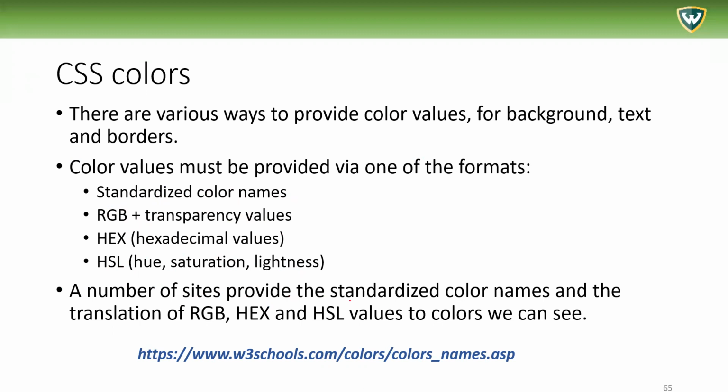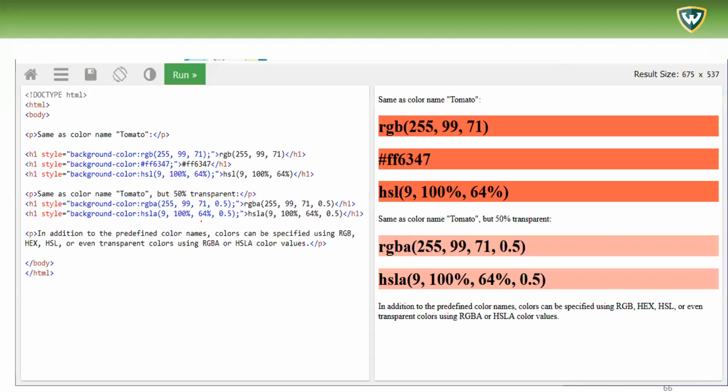A number of sites provide the standard color names and the translation of RGB, hex, and HSL values to colors we can see. So here's an example. I welcome and invite you to check this out here to see how this is implemented and the different ways to render different colors.